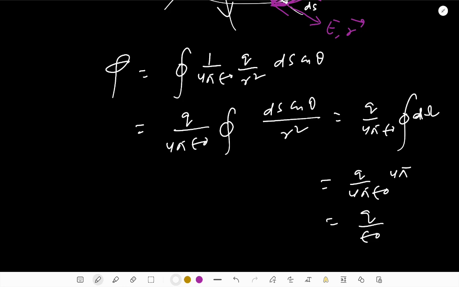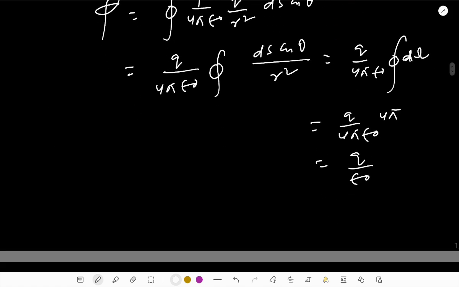So this is the flow of electric field, or number of field lines coming out of the area. This is counted positive if the field lines are coming out. If field lines are going in, it should be counted negative. That is why Gauss, Carl Friedrich Gauss, said that the total flux through a closed surface is a scalar thing.